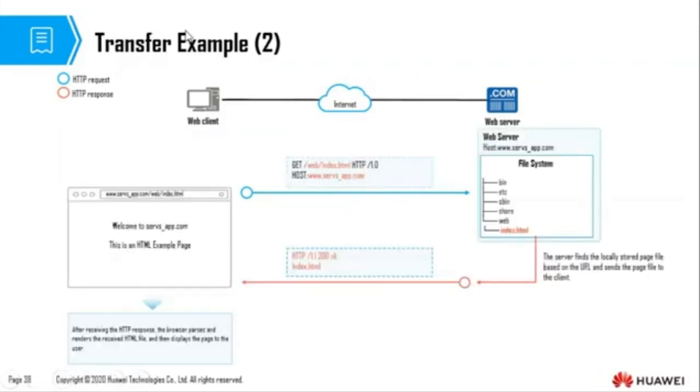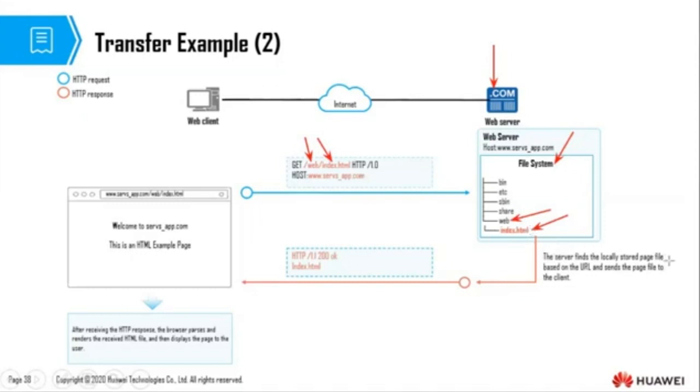Then when the server receives the request, first of all, it actually authenticates. Are you allowed to access that request? If yes, it's going to look at the file system and find that particular resource. So it's going to go to the web folder and find this page. So under the web folder, we have a page called index.html.